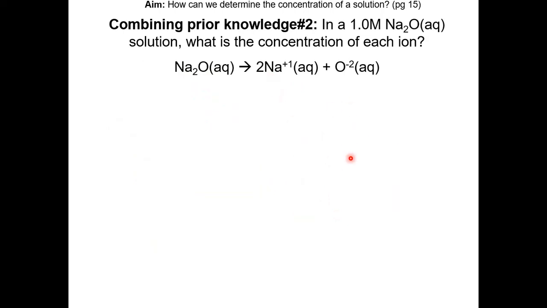Let's look at another example. Let's say there's 1 molar Na2O aqueous solution. What is the concentration of each ion? Initially, there was 1 molar Na2O. Since Na2O is an ionic compound, when it dissolves in water, it breaks up into ions. In this case, there's 2 sodium ions and 1 oxide ion. So the molarity of each ion is 2 molar for the sodium ion and 1 molar for the oxide ion.